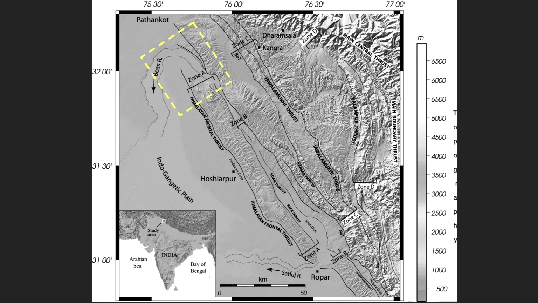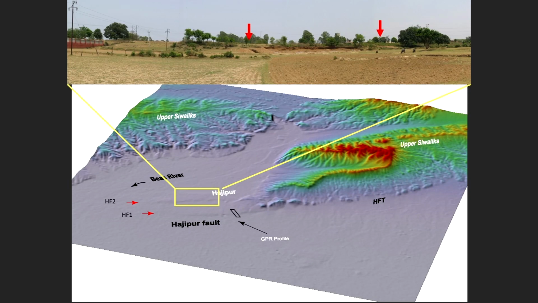Similarly, we did another exercise in the Himalaya on the left bank of the Beas river, and here also we opened up the trench after doing the GPR part. This is the trench section. The GPR data was collected initially.